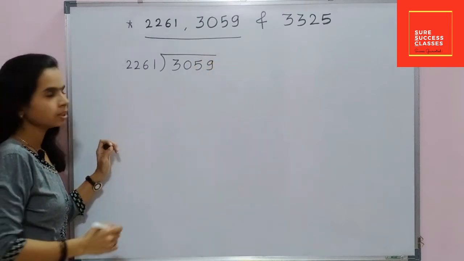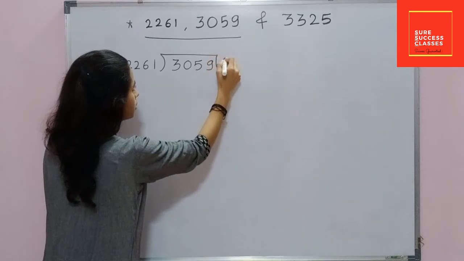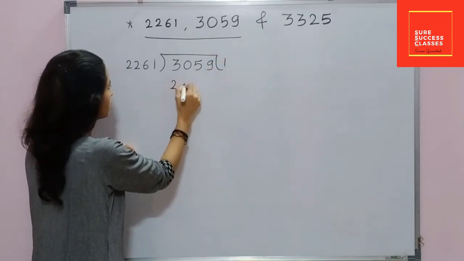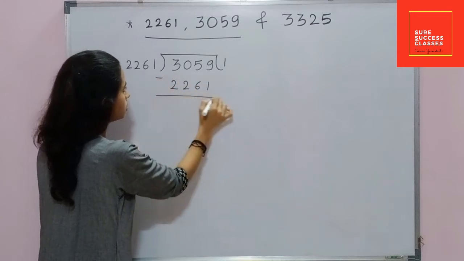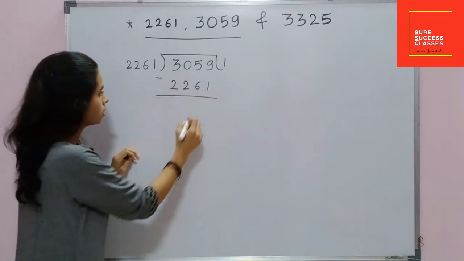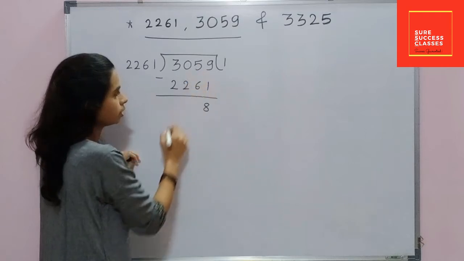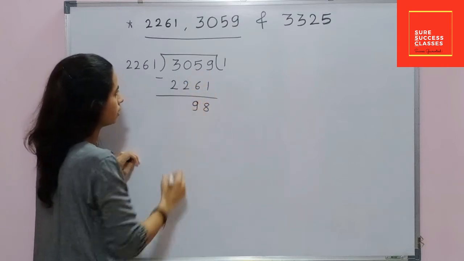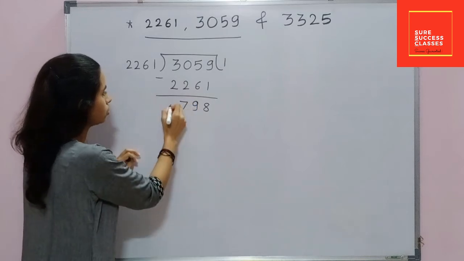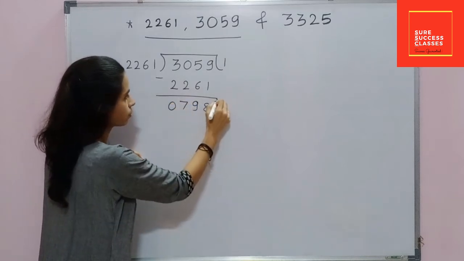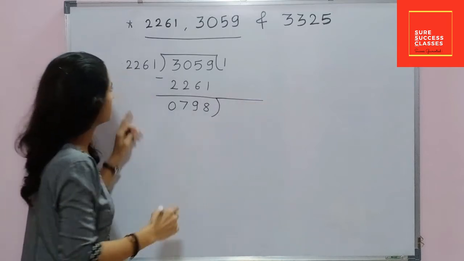We will clearly write here 1 as a quotient and subtract 2261 from this dividend. 9 minus 1, 8. 15 minus 6, 9. Then 9 minus 2, 7. And 2 minus 2, 0.